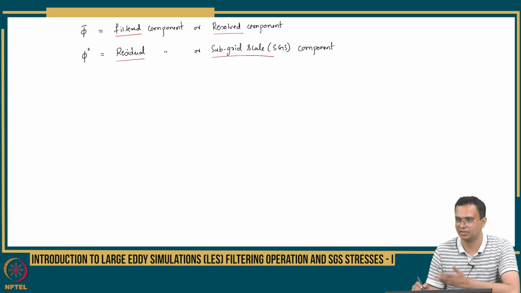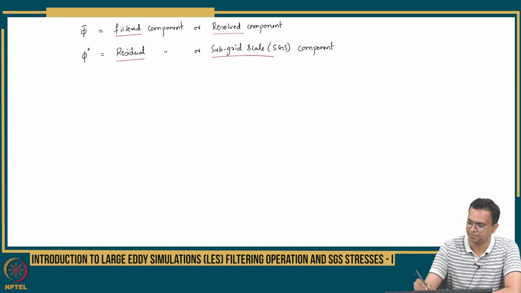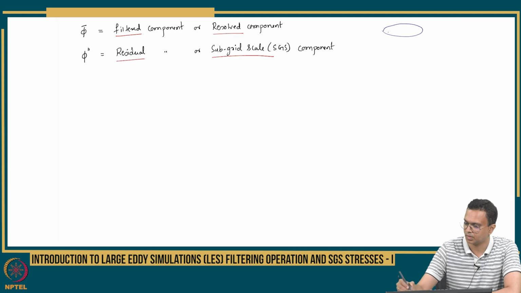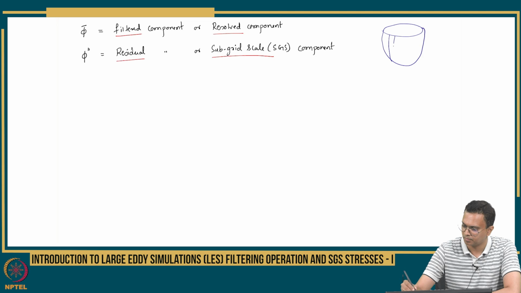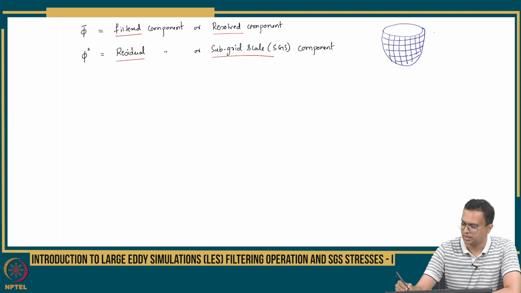Coffee, right? Or tea, whatever, or juice since it's summer. Let's take the example of a coffee filter. It has a mesh to capture whatever you want to capture.